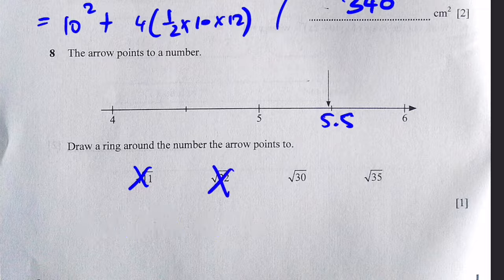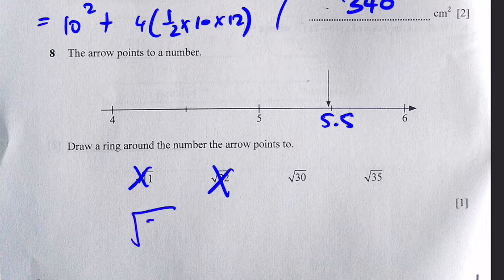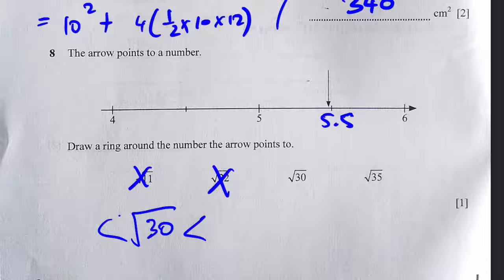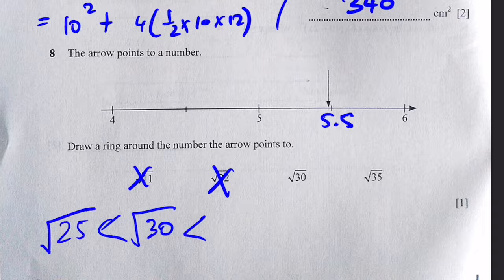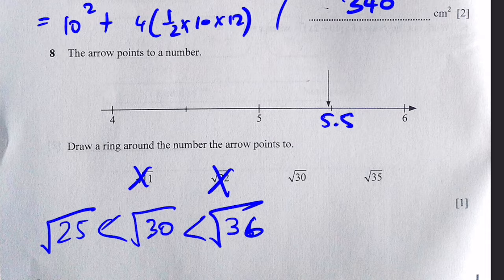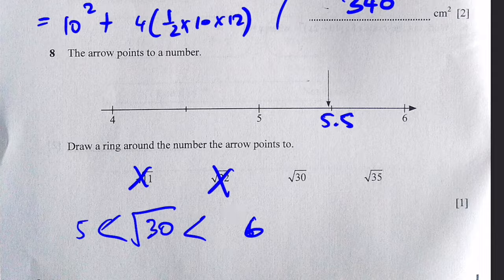Next is the square root of 30. That will be equal to in between which two numbers? 30 is in between 25 and 36. So root 30 will be in between root 25 and root 36. And that's in between 5 and 6. So well, this is in between 5 and 6.